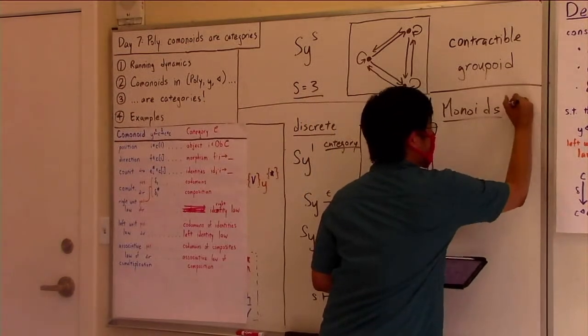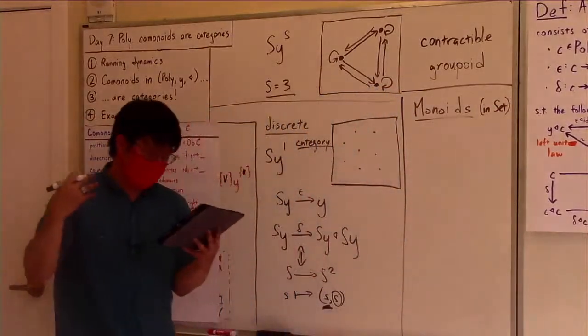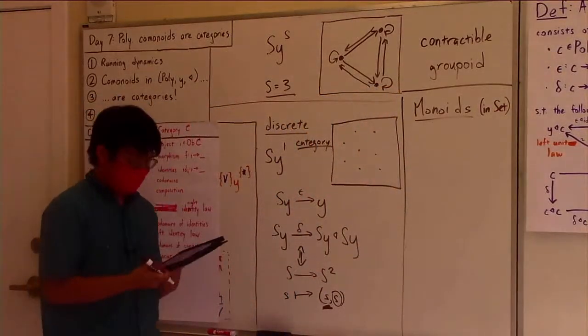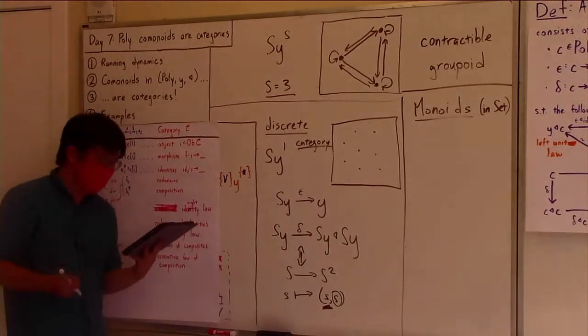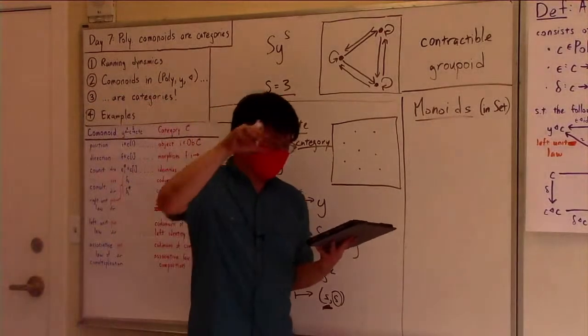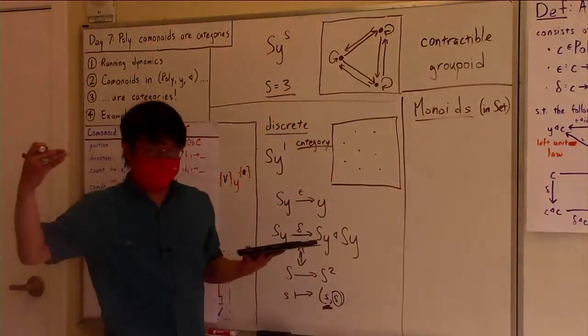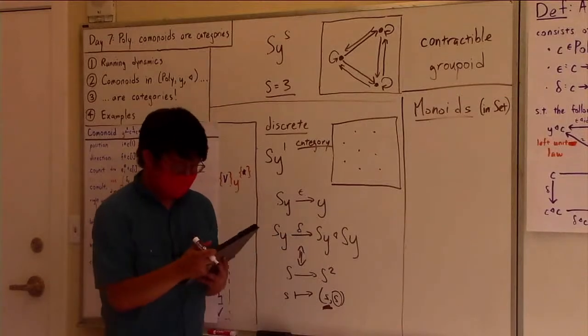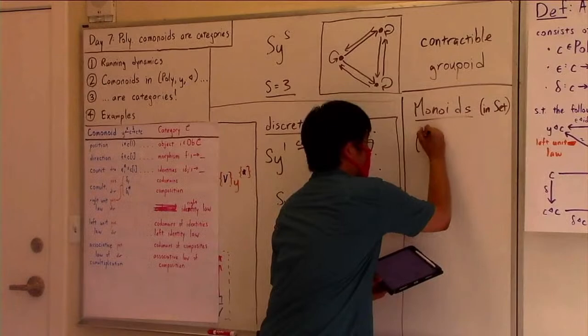So, just a one-object category with a binary operation. You can either think of it as just a one-object category, or you can think about it in terms of the set of morphisms on that one object, with composition as the binary product that is associative and unital. So it is a monoid in set.